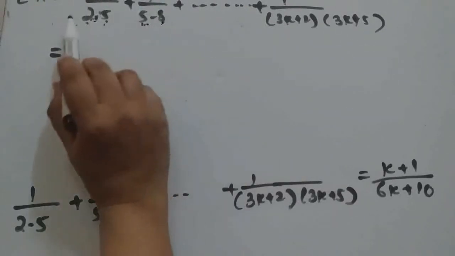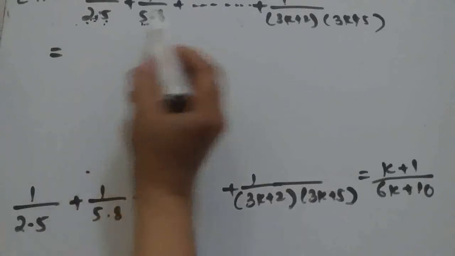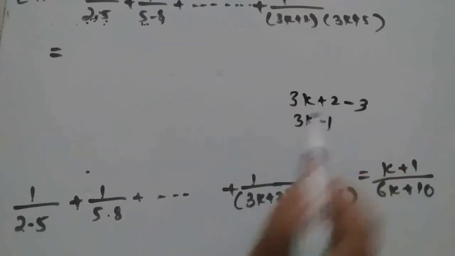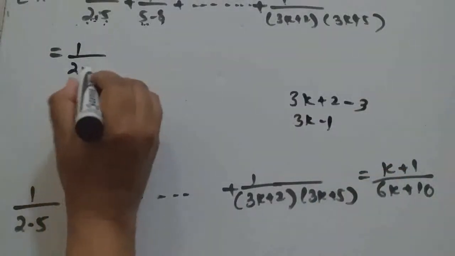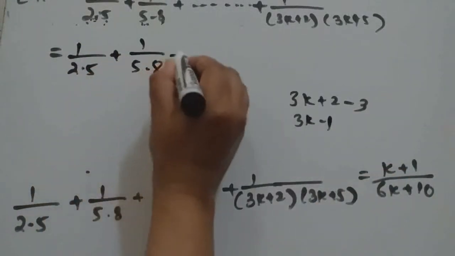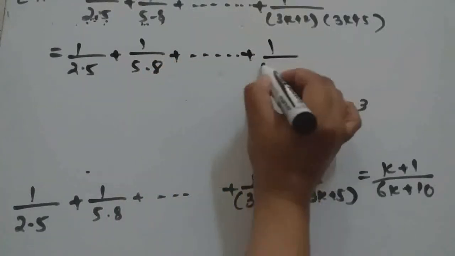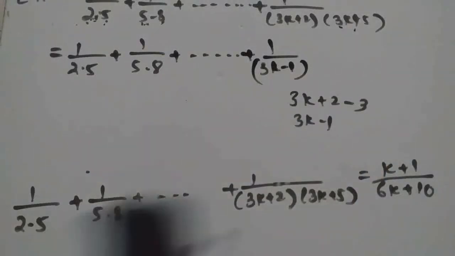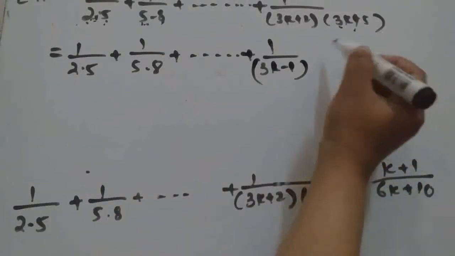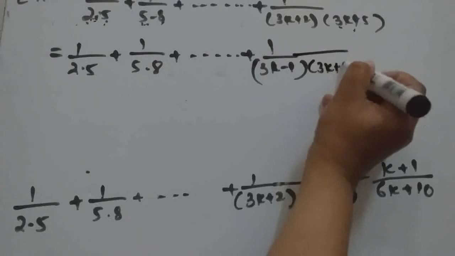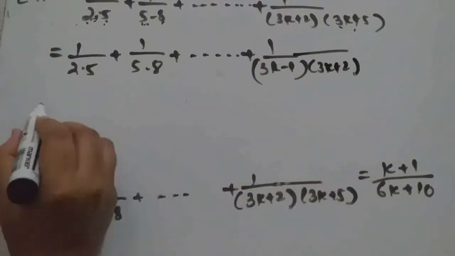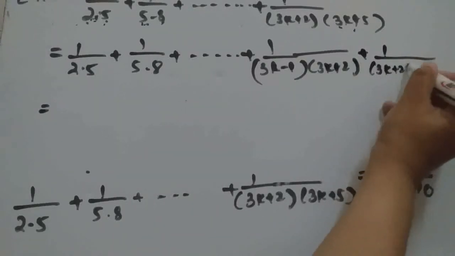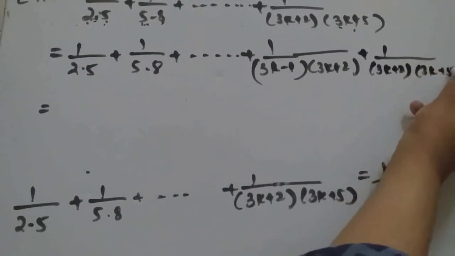So to get the previous number we should subtract 3. So 3k plus 2 subtract 3, you will get 3k minus 1. So here we will get the previous term, first bracket 3k minus 1, and here 3k plus 5 is there. Subtract 3, you will get 3k plus 2. And then the last term, that is 3k plus 2, 3k plus 5.